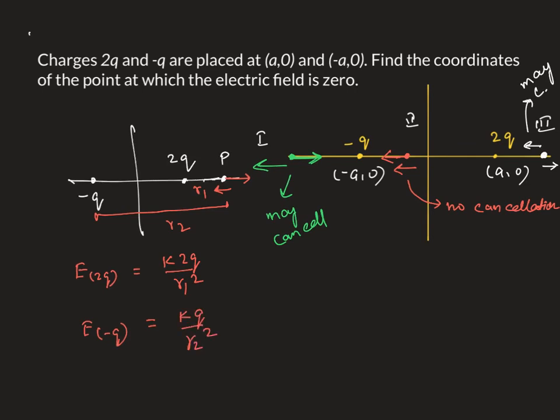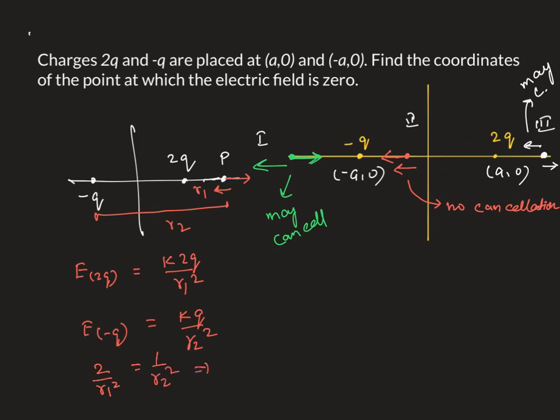Now what is the possibility of cancellation here? How do we cancel it? If we cancel it, we have to equate the values. So equating the values, we'll get 2 upon r1 squared is equal to 1 upon r2 squared.